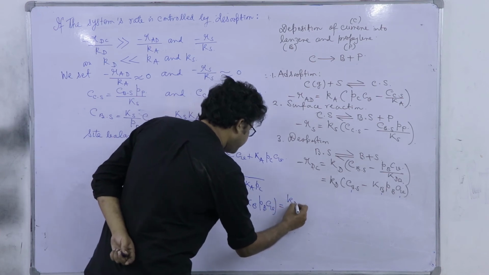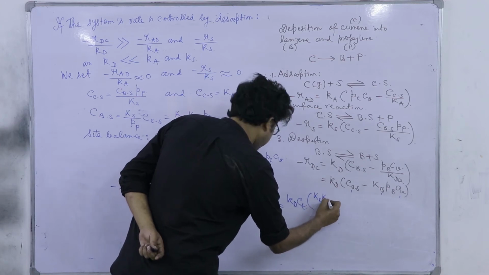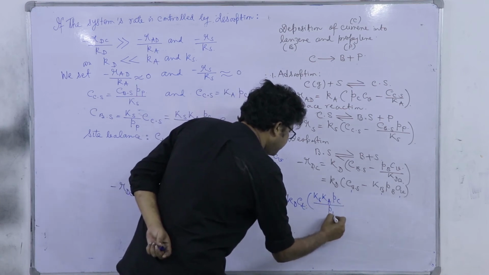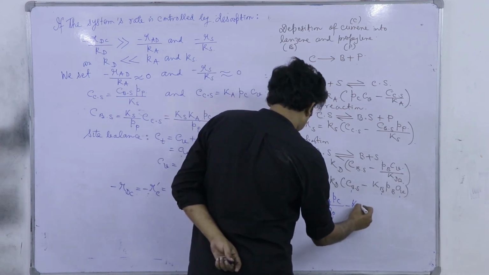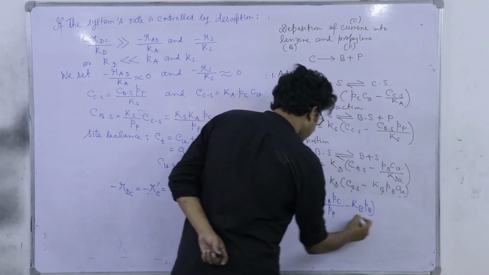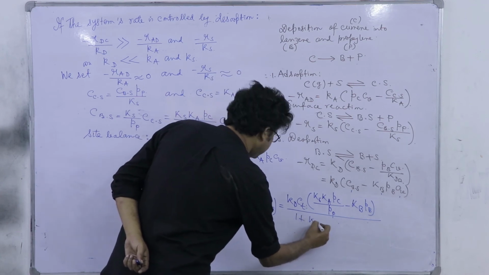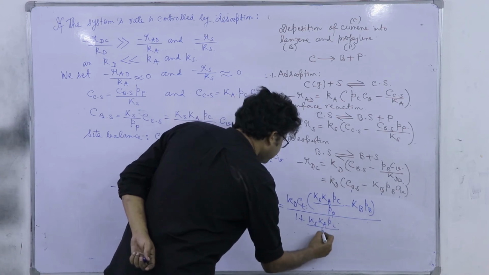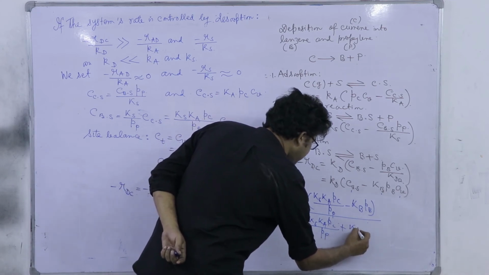So, Kd into Ct within bracket Ks Ka Pc by Pp minus Kb Pb, that divided by 1 plus Ks Ka Pc by Pp plus Ka Pc.